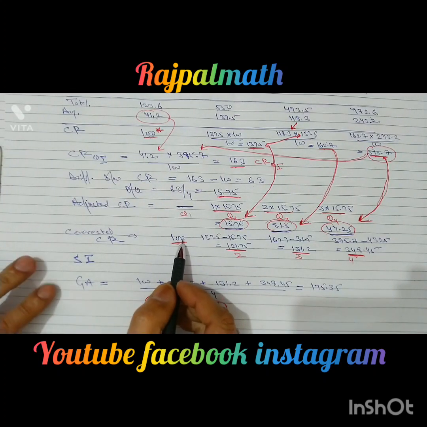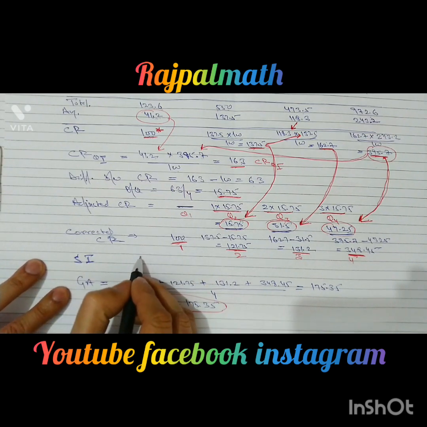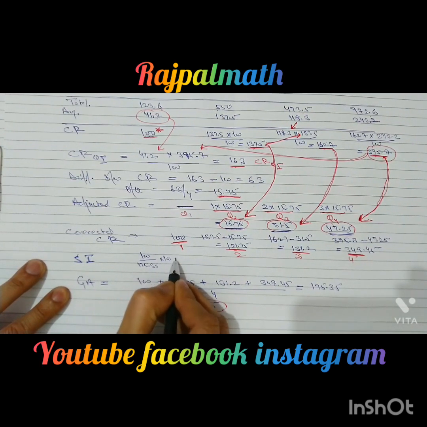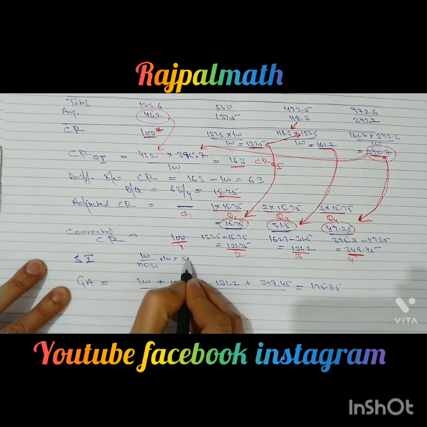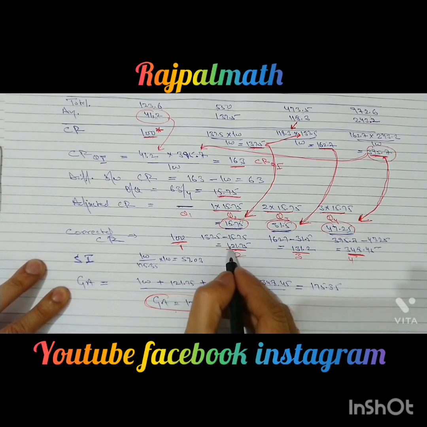Corrected CR for the first one is the same, 100, divided by 175.35 into 100, which comes out to be 57.03.